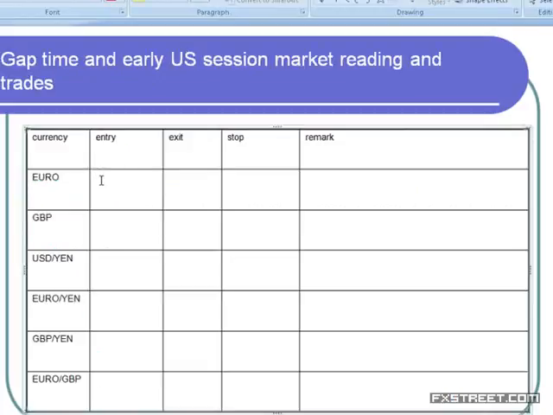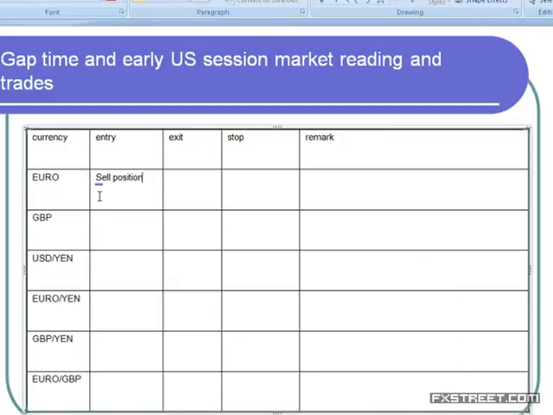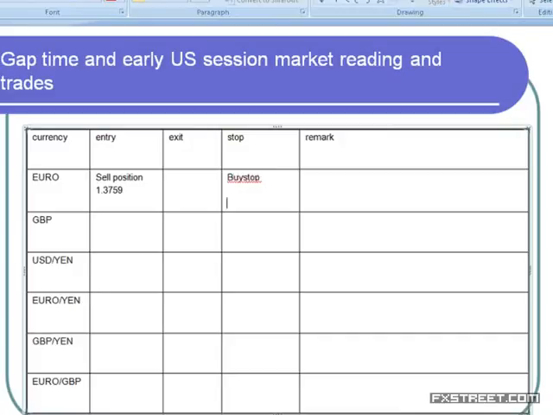So it is a gap time trade. 1.3759. With 30 pips, buy stop. 1.3789.